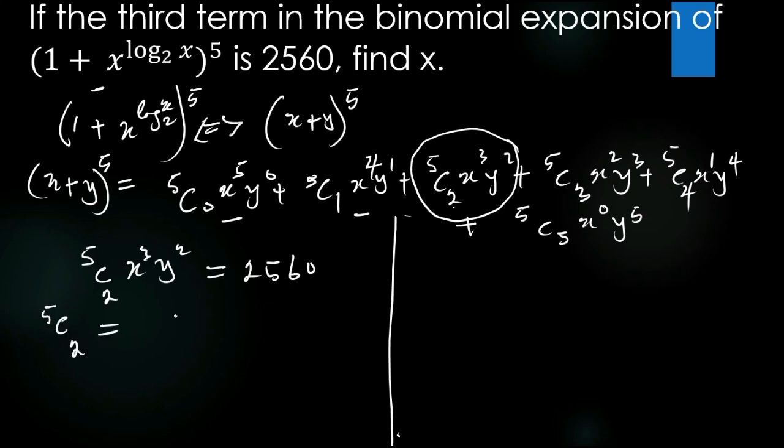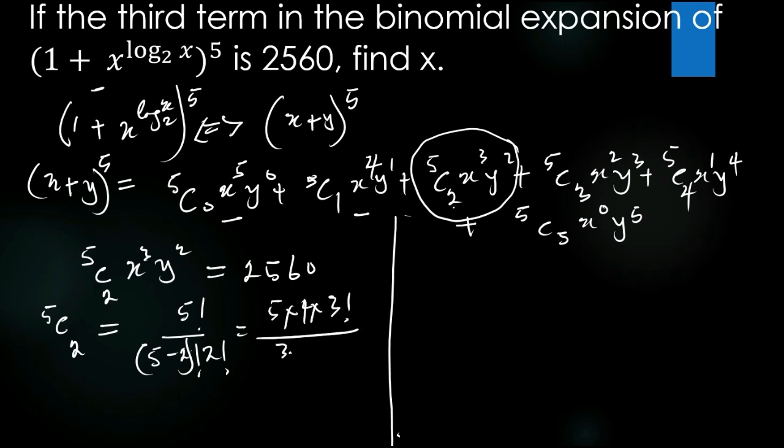5 combination 2 is the same thing as 5 factorial over (5 minus 2) factorial times 2 factorial. Now, this is the same thing as 5 times 4 times 3 factorial over 3 factorial times 2 factorial. 3 factorial divides 3 factorial, and 2 factorial is the same thing as 2 times 1, that's 2. 2 here is 1, 2 in 4 here is 2.